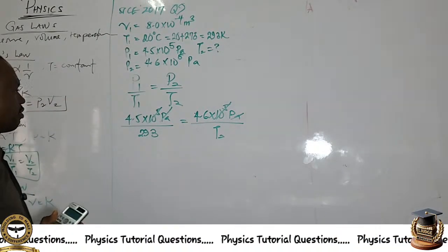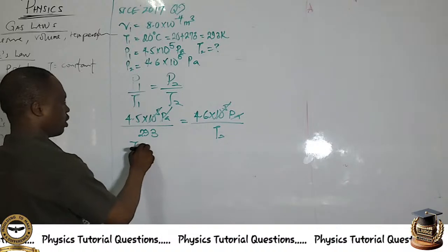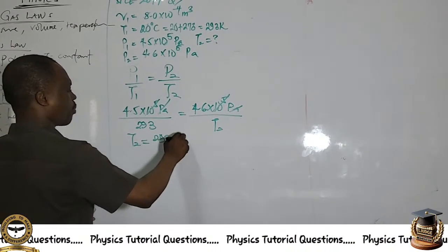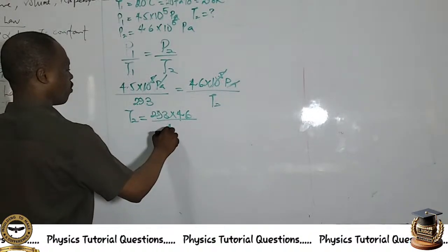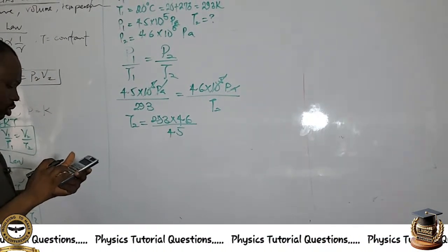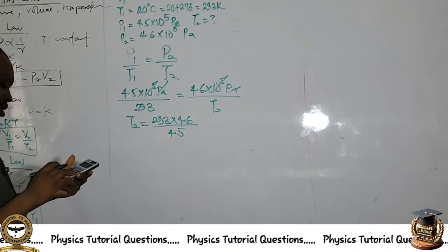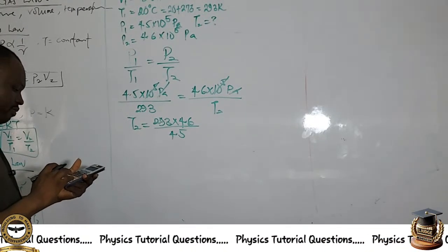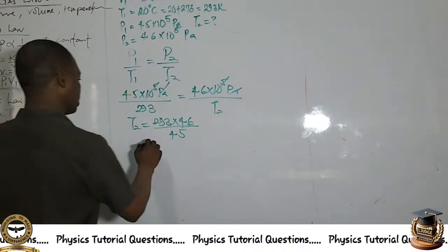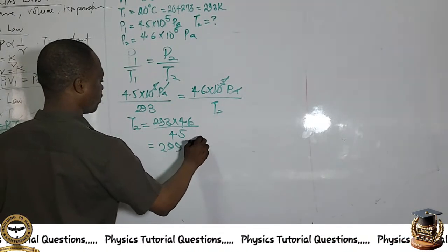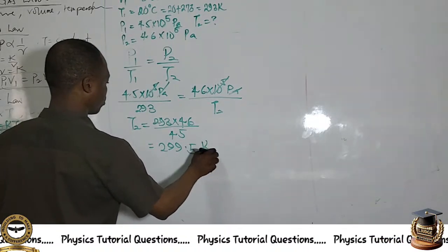And now we have T2 equals 293 times 4.6 divided by 4.5. And this gives us 299.5 Kelvin.